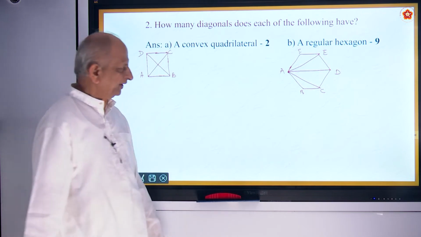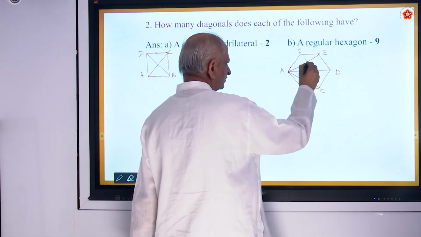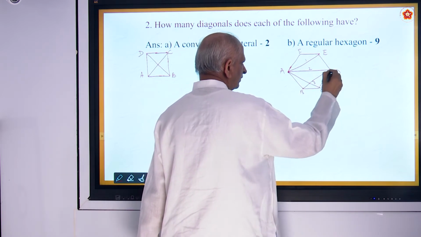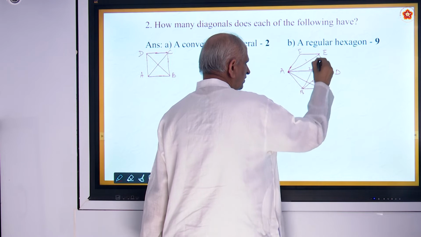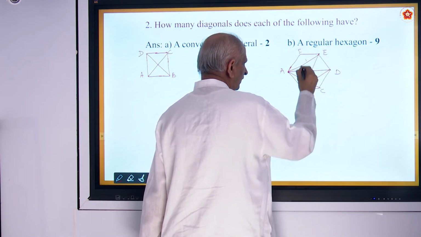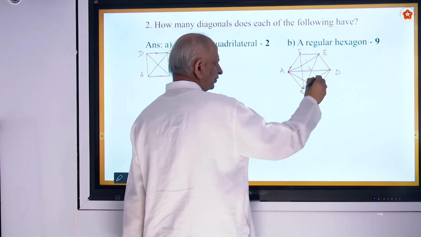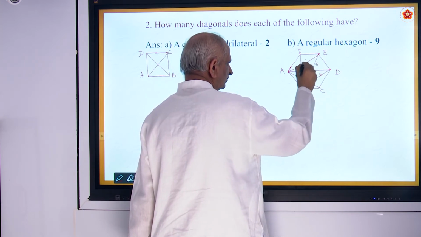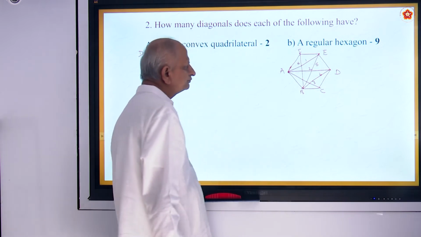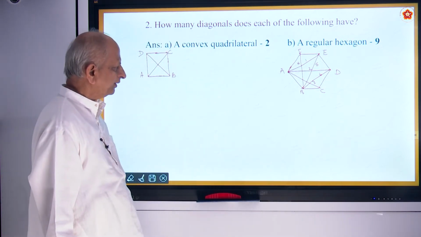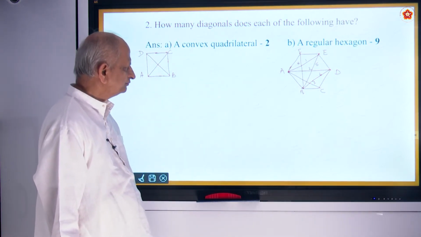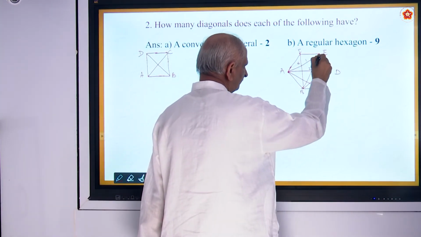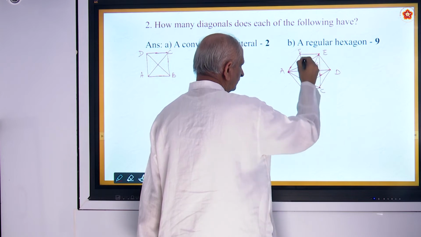So 3 diagonals there. From B, how many? From B to D, B to E, B to F. So that is number 4, 5, 6. So 6 diagonals over. From C, you have CE and CF.